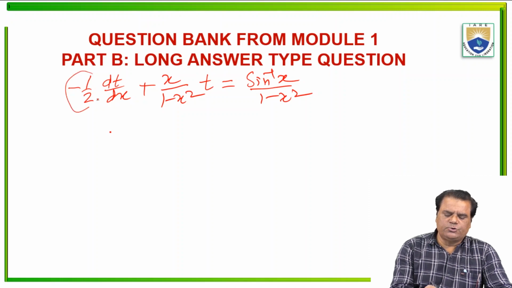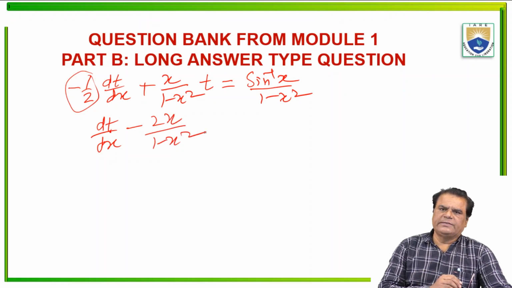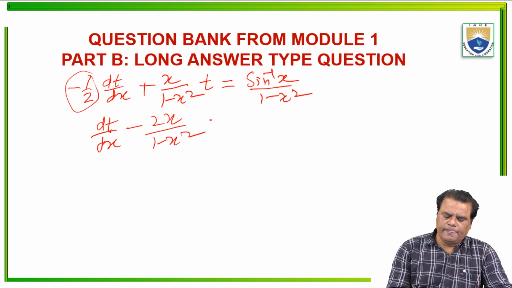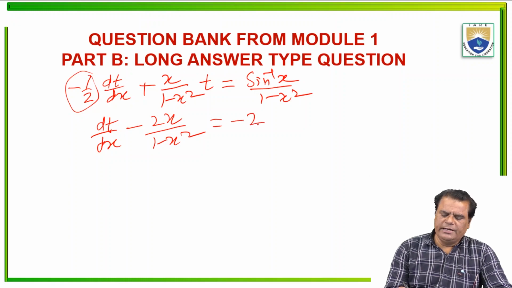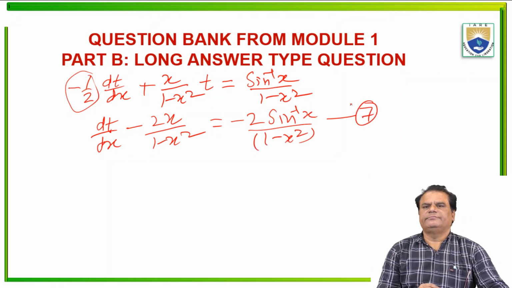Multiply by minus 2 in each term. Then we get dt over dx minus 2x upon 1 minus x square t equal to minus 2 sine inverse x upon 1 minus x square. This is equation number 7.